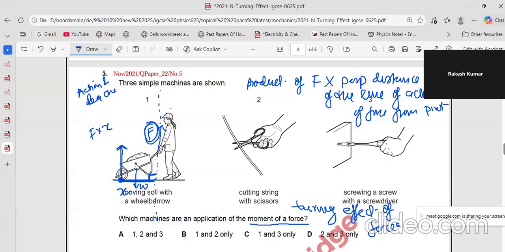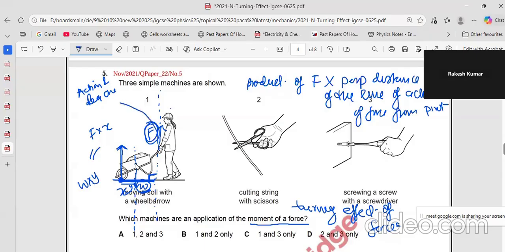Similarly, the moment of W: the line of action of W is this, and this distance, let it be y. So the moment of W is W times y, and these will be balanced because they are in equilibrium. The body is not rotating.